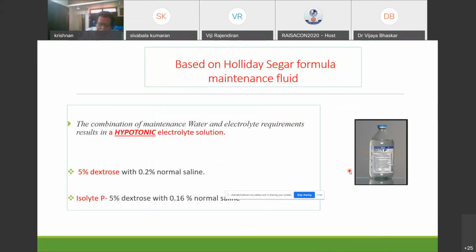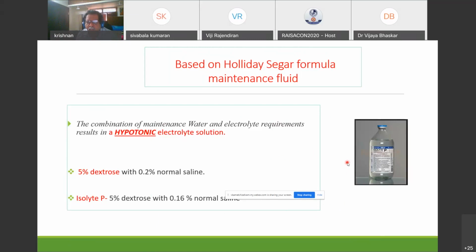So what they have tried to do is create a maintenance fluid which is similar to our body, our calculation due to the Holliday-Segar formula based on the burning of calories. Okay?